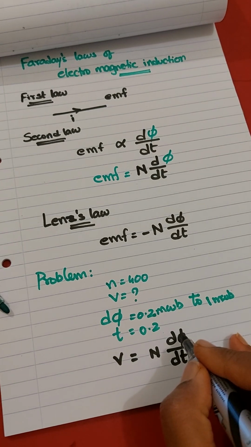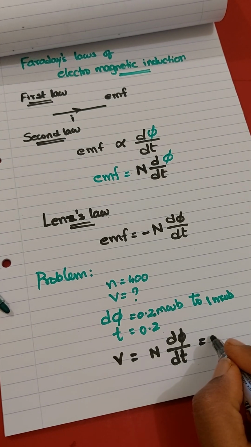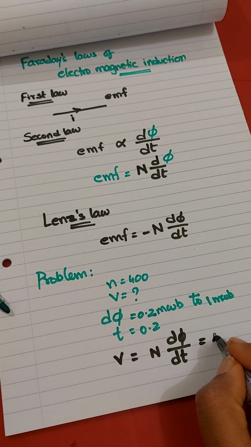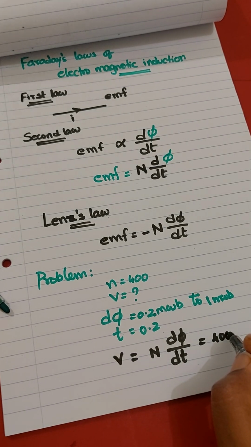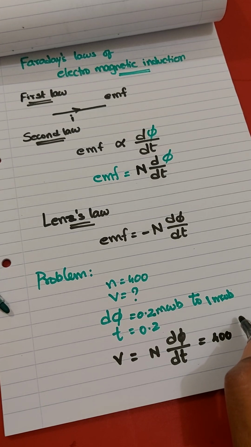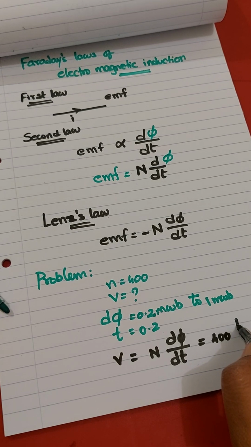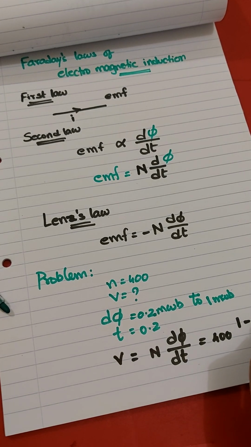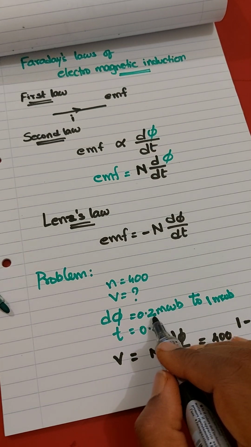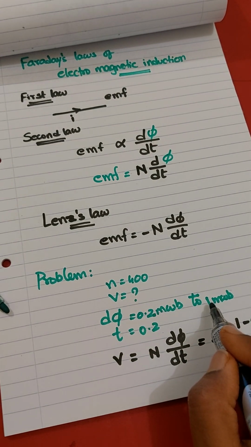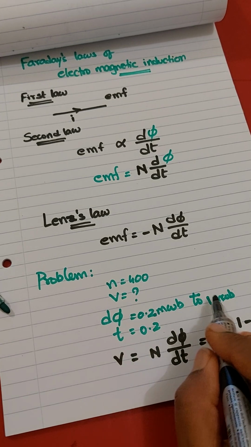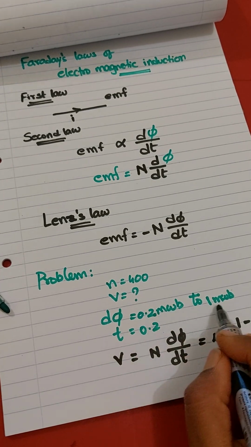So first let us talk about d phi. N is 400. We know number of turns is 400. Perfect. Then what is our change of flux? Change of flux is 1 minus 0.2, because the flux changes from 0.2 to 1. Initially it is 0.2. So 1 minus 0.2. Both are milliwebers only.